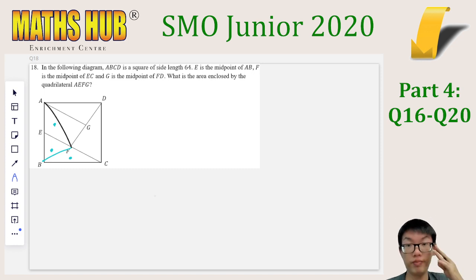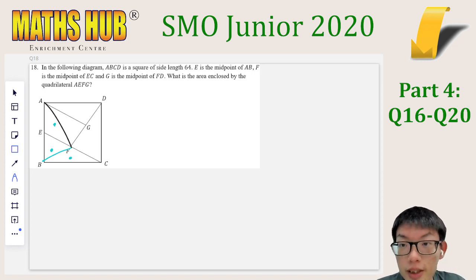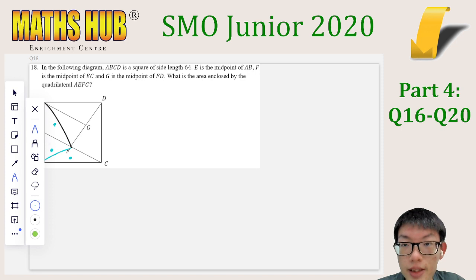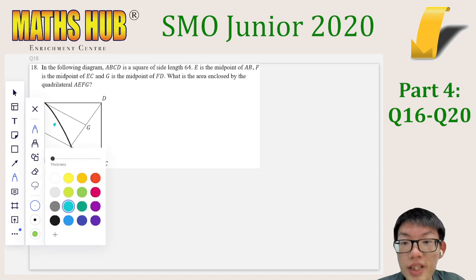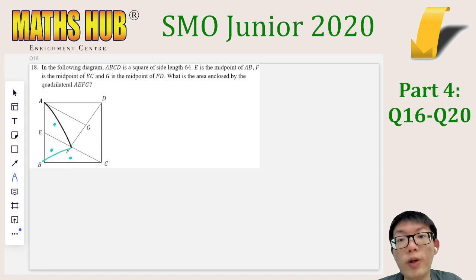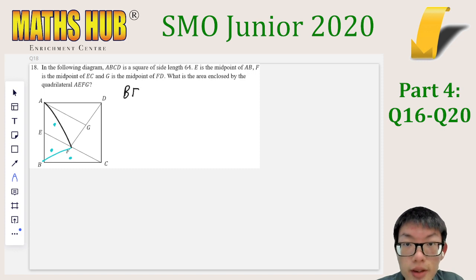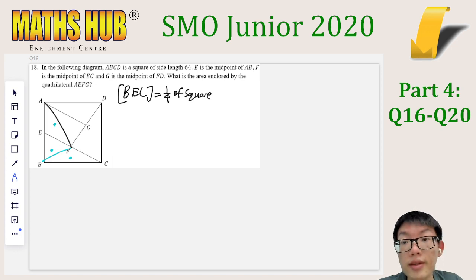So this is not too bad because it means that if BEC is quite clearly 1/4 of the square, then AEF would be 1/8 of the square.